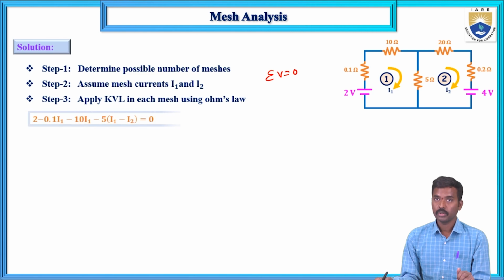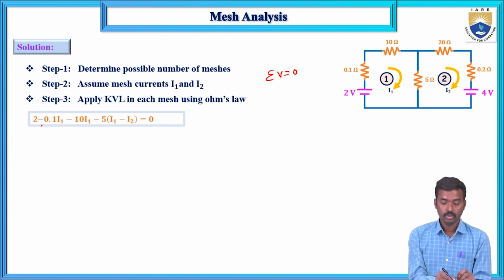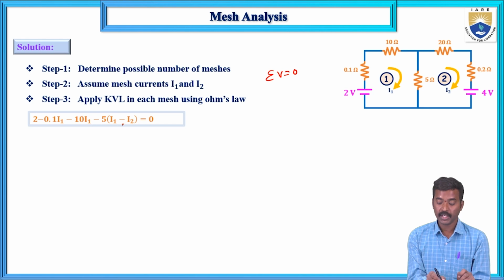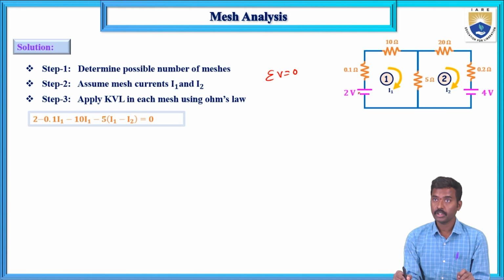In the first loop, if you apply KVL in the first mesh: 2 minus 0.1 I1 minus 10 I1 minus 5 (I1 minus I2). 2 is the rising voltage, and 0.1 I1 is a voltage drop.